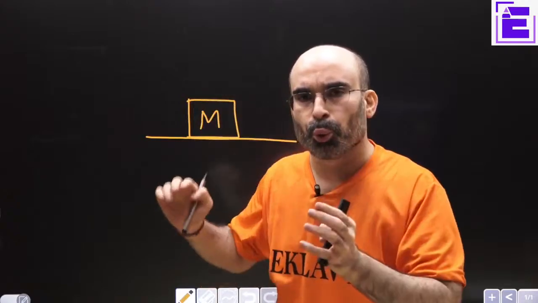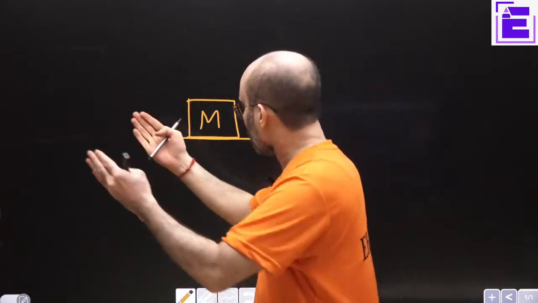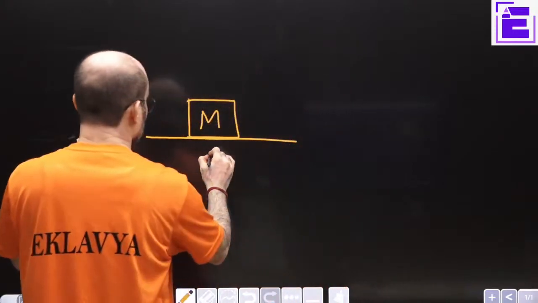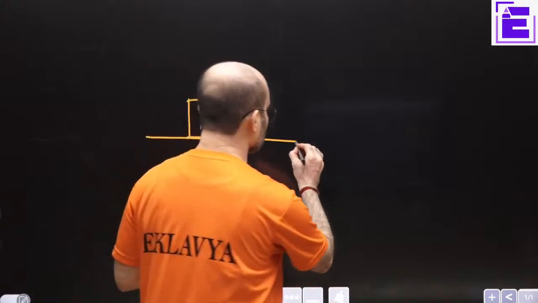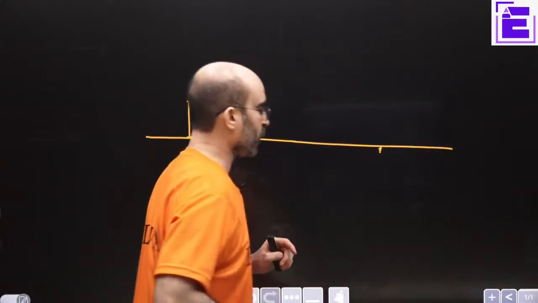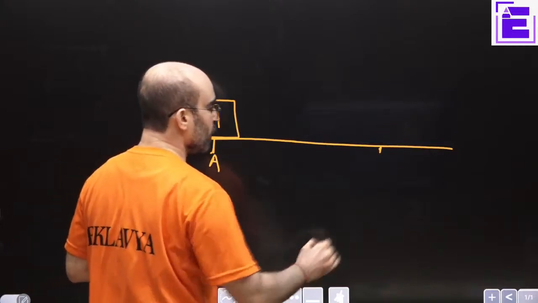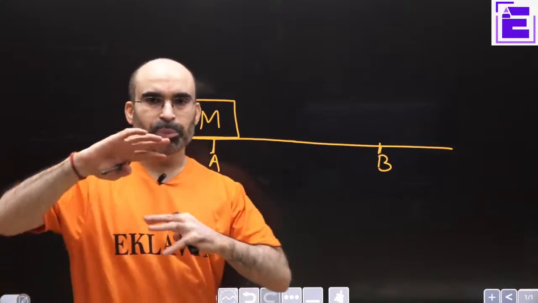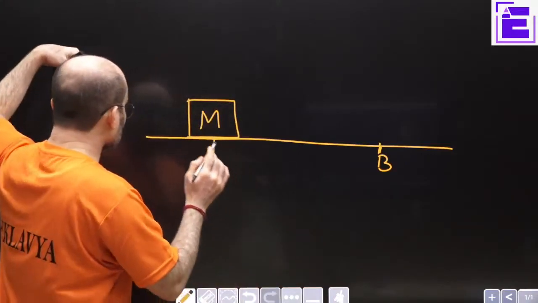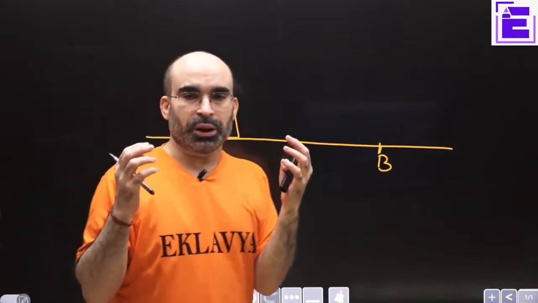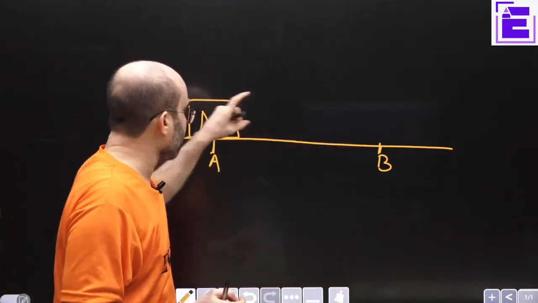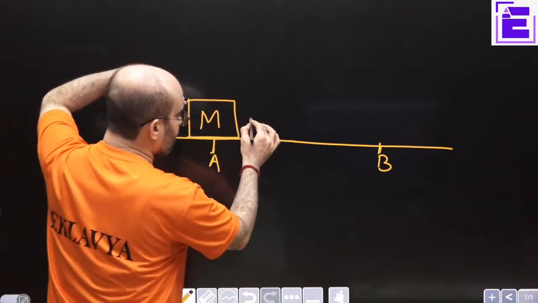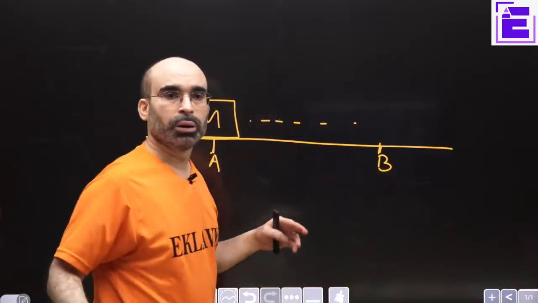Now, a person is willing to move it from this point to this point, let's say from point A to point B. There are multiple ways. If one person is strong enough, he can push it like this, and then it will come here.